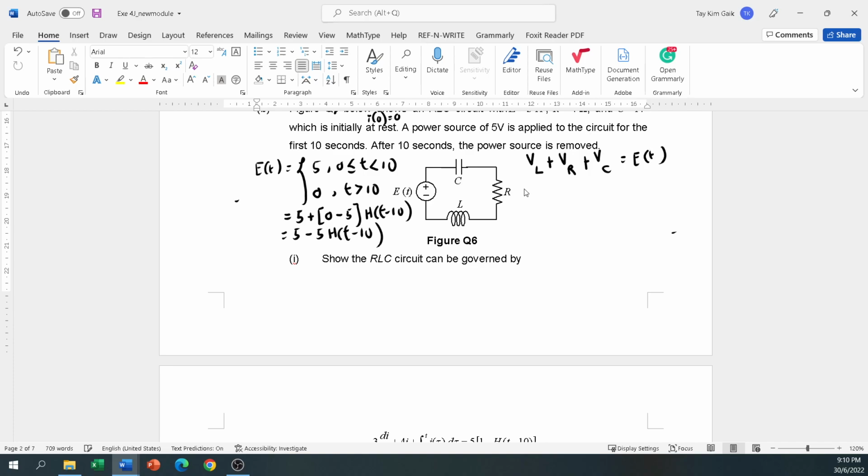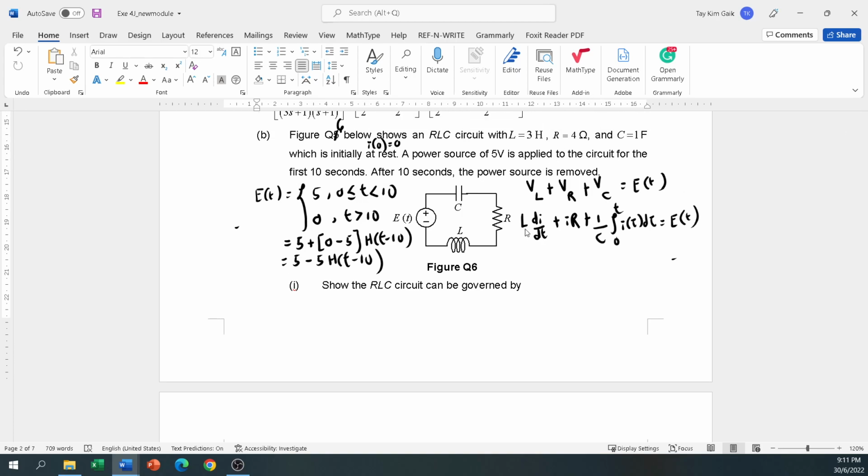VL is L di dt, VR is IR, and VC is 1 over C integral of I tau d tau from 0 to t, equal to ET.